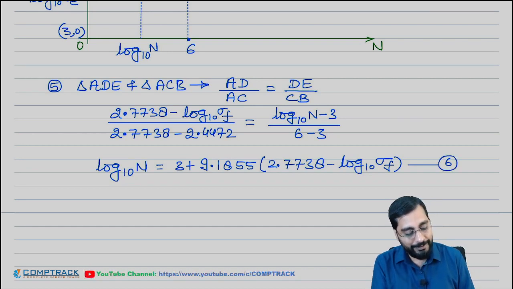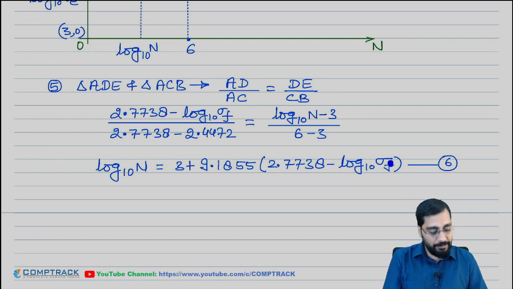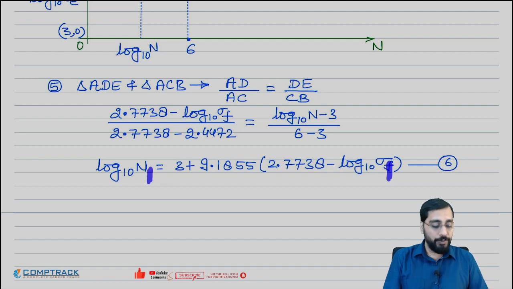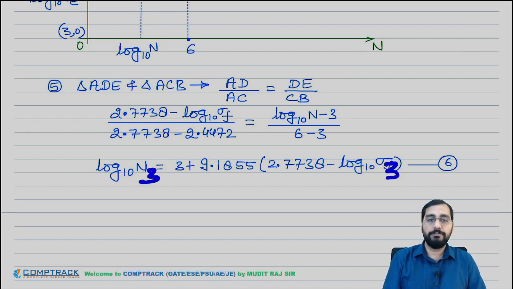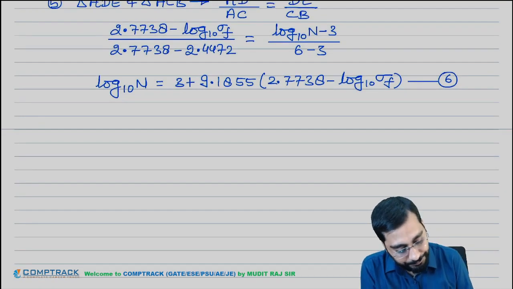So this you are getting as a general equation. Now put here sigma 1, you will get the value of n1. Put here sigma 2, you will get the value of n2. Put here sigma 3, you will get the value of n3. Yes or no? So we can find all the values.